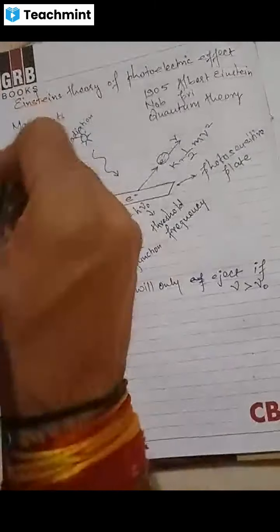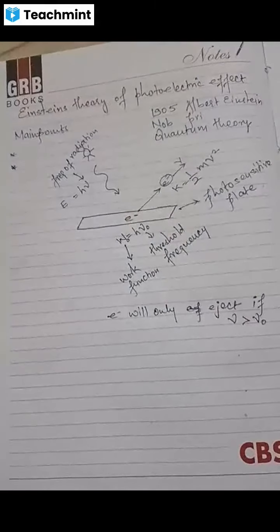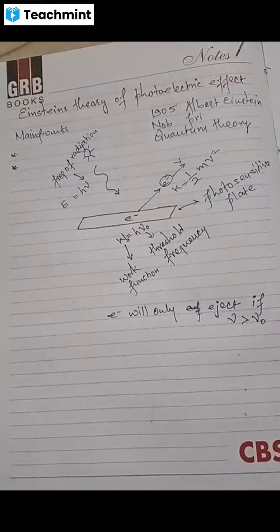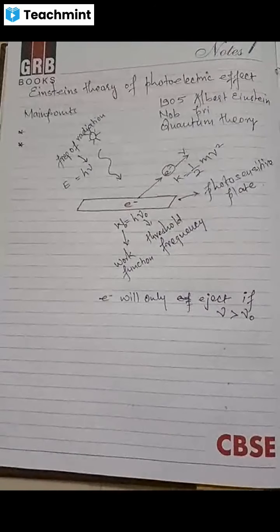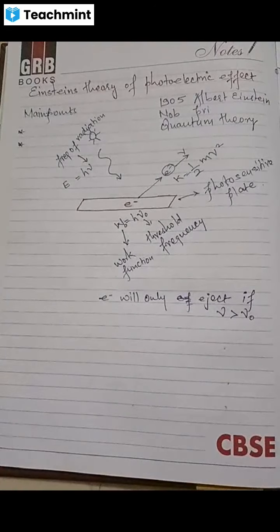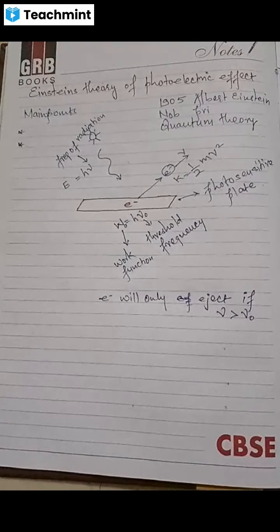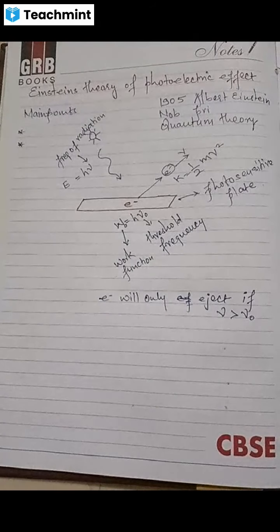Now the second point. You may write down: the free electrons are bound within the metal due to the restraining forces on the surface.